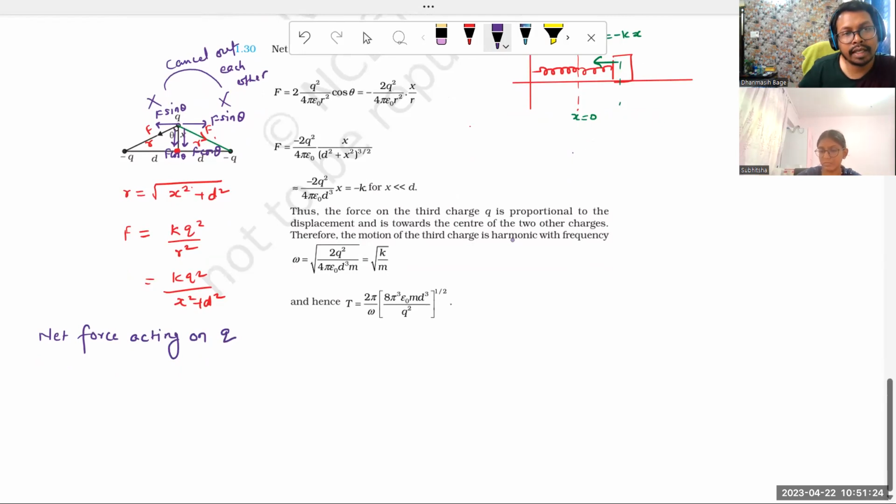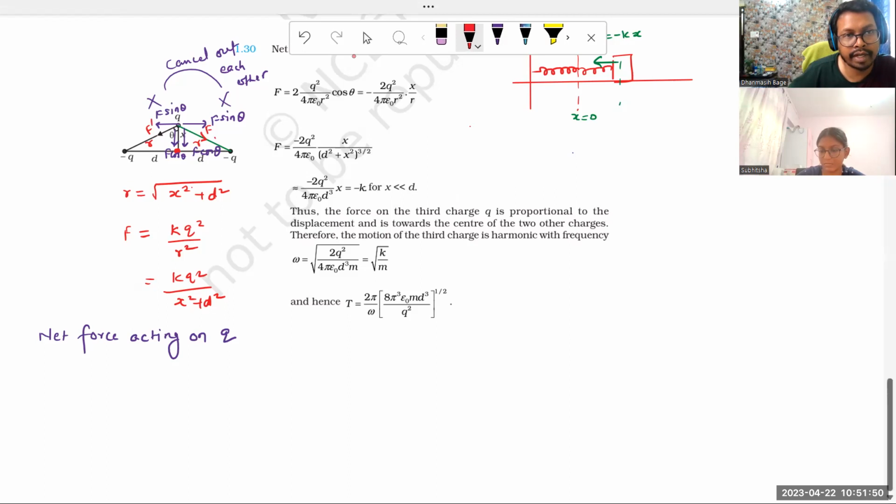So the net force acting on Q is equal to the net force acting there. Let's use a different notation.